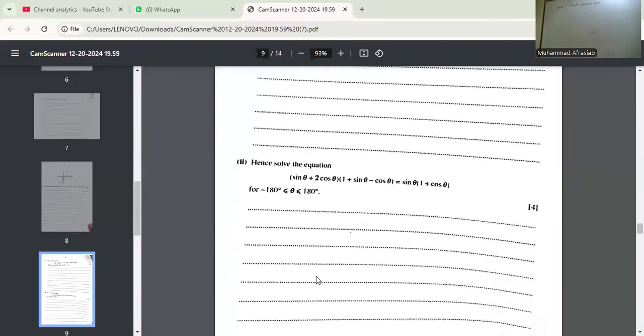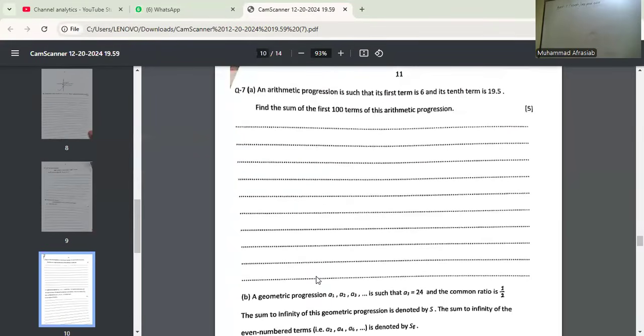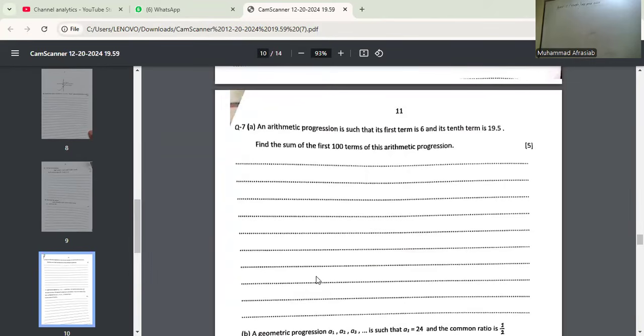Now question number 7. An arithmetic progression is such that the first term is 6 and the 10th term is 19.5. Find the sum of the first 100 terms in the arithmetic progression.